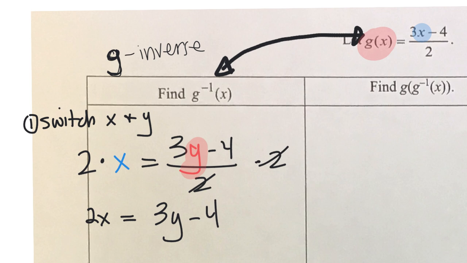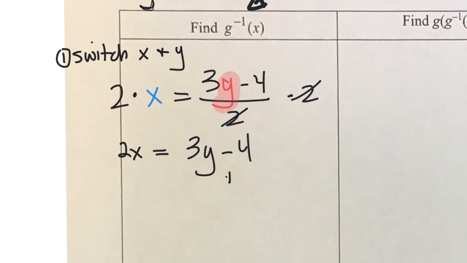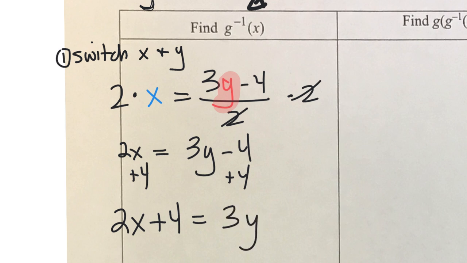I hope you're okay with keeping y on the right side, because our next step is to add 4. If we're trying to isolate the y value, we do the elementary steps first: get rid of denominators, add or subtract, and our last step is to divide by 3.